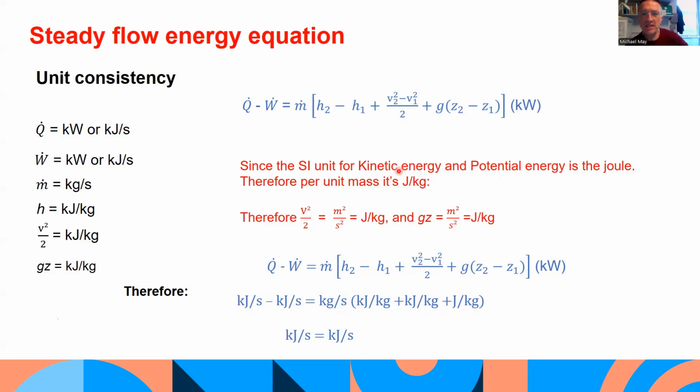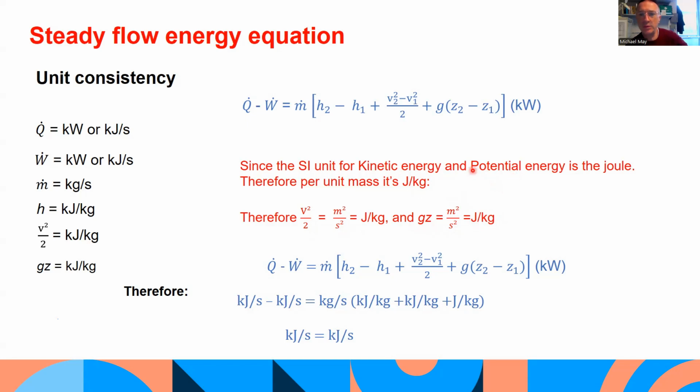So if we express kinetic energy and potential energy per unit mass, we've got joules per kilogram. So v squared over 2 can be expressed as joules per kilogram. And g times z, which is specific potential energy, can also be expressed in joules per kilogram. So mathematically, this is actually right. We can go from meters squared over second squared to joules per kilogram. But that's the easier way to think about it.